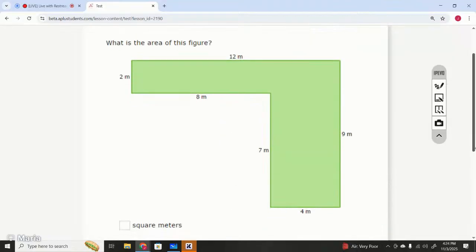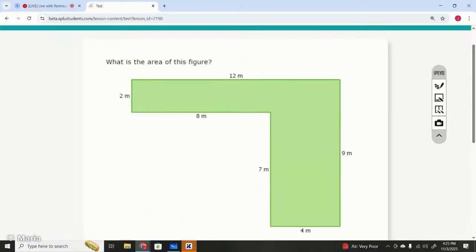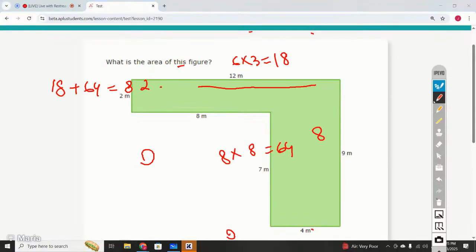What is the area of this figure? We are going to divide this figure into two figures so that we can solve this figure easily.